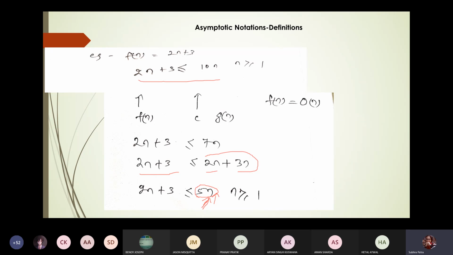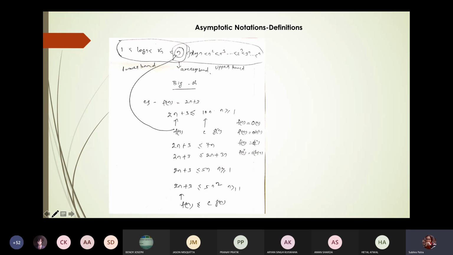So now we know here that f of n is O of n, as per our formal definition. If I add one more thing to it, instead of 5n I can take 2n plus 3 less than or equal to 2n square plus 3n square.